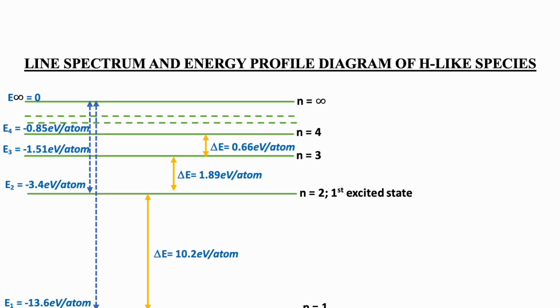Let's take an example of a hydrogen atom. If the electron in the hydrogen atom wants to move from n is equal to 1 to n is equal to 2, it will require a photon with 10.2 Z squared electron volt per atom, and we know that Z is equal to 1 over here.